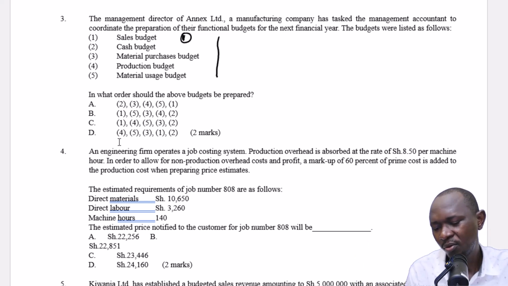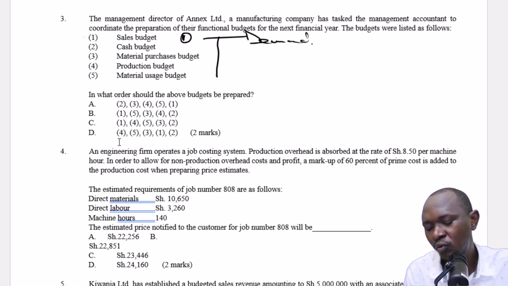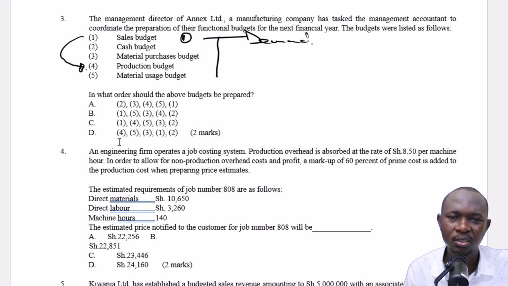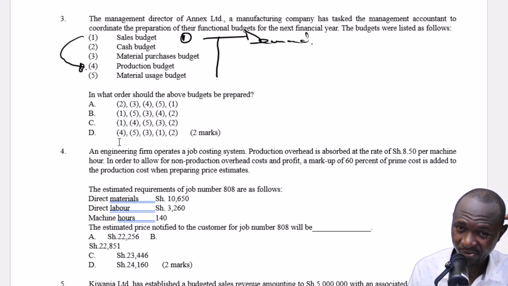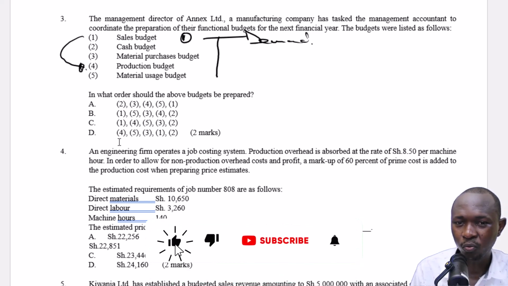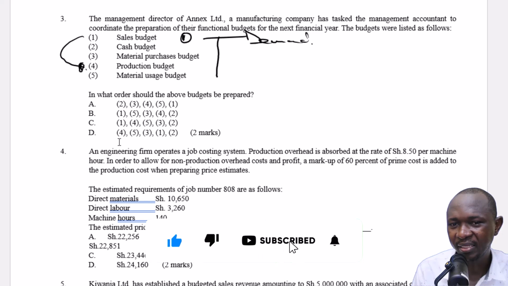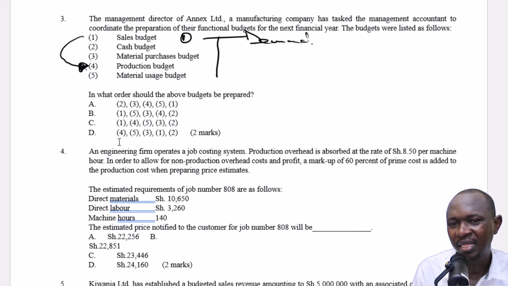We have to get the demand first. After getting the demand, then we can ascertain how much to produce. Once we know the anticipated demand, we now go to preparing the production budget. How much are we going to produce?